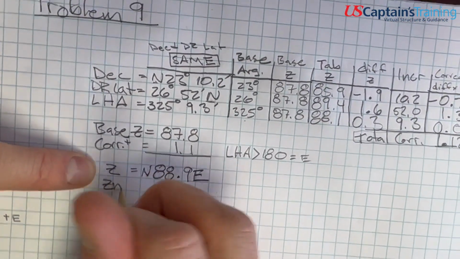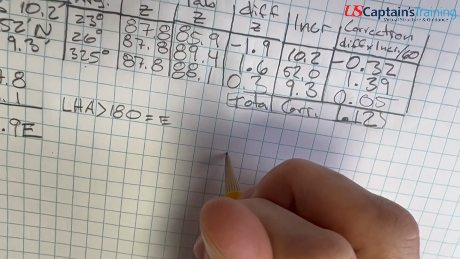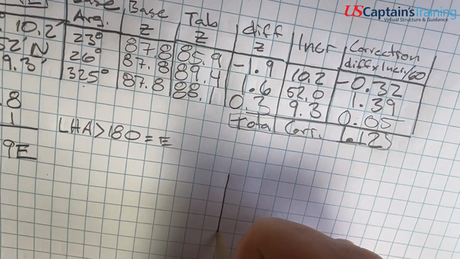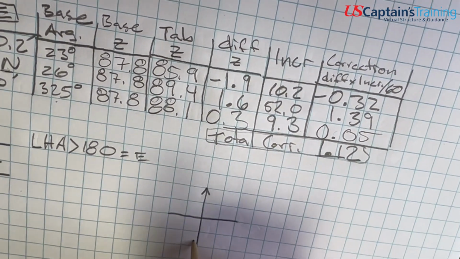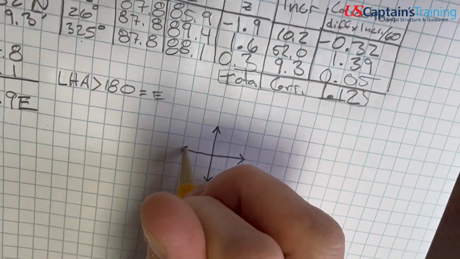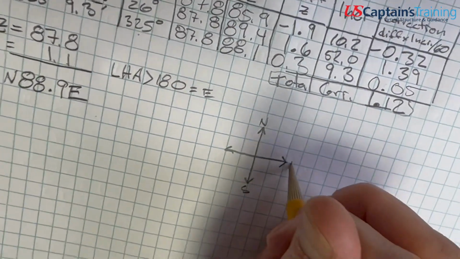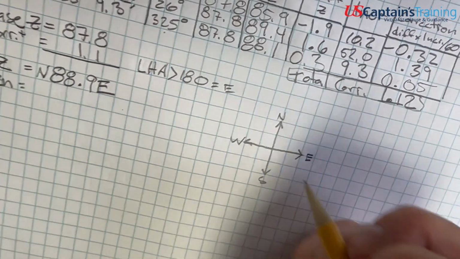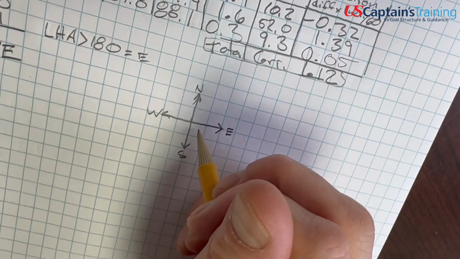So to find our ZN, I always like to lay it out, and we can just kind of build a graph that tells us. These formulas are in the sight reduction tables as well on the pages, but I always just like to graph it out. So north, south, east, and west. And so our ZN is from north toward the east.